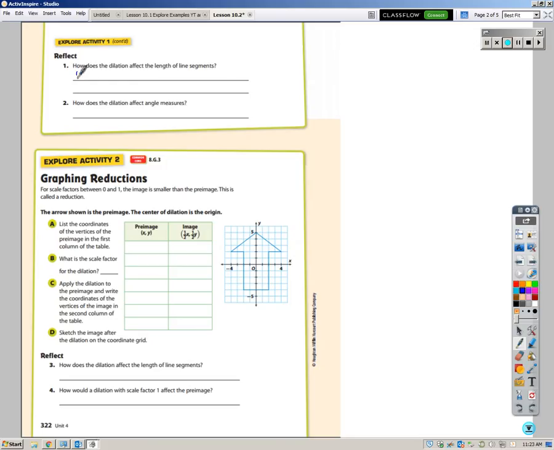So let's go ahead and say each line segment in the image, which is the dilation, is 3 times longer than the corresponding line segment in the pre-image.